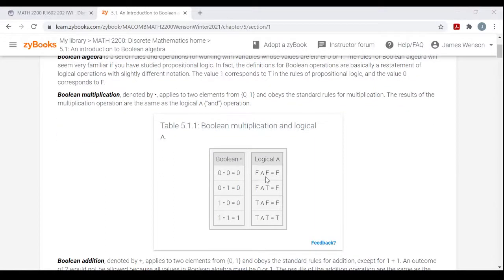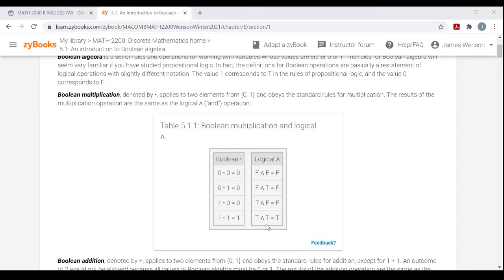So they put them side by side here. Remember, a false statement and a false statement was a false statement. A false statement and a true statement was a false statement. A true statement and a false statement was a false statement.